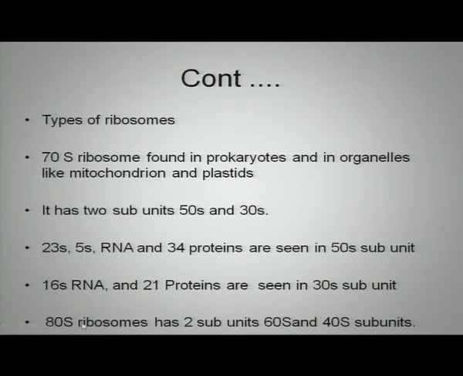Now regarding the 80S ribosome, I have already told you there are two types of ribosomes, one is 70S and the other is 80S. The 80S ribosome also has two subunits, such as 60S and 40S. 60S is the larger subunit and 40S is the smaller subunit.